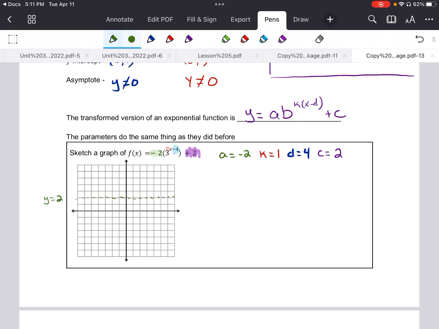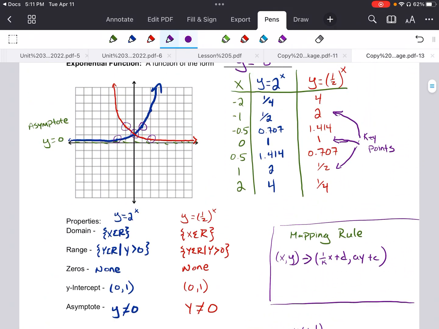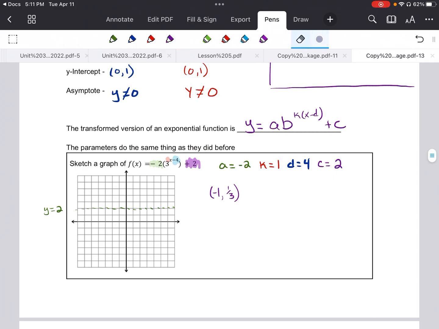Okay, when we do our mapping, we have -1 and 1/3, sorry, that should be... oh, right.